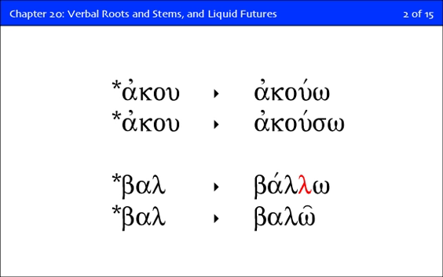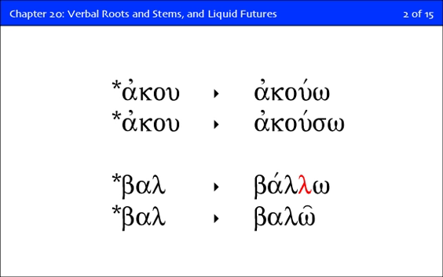But look at ballo. The root of ballo, its most basic form, is bal with a single lambda. For some reason, when Greeks formed the present tense stem from the root, they doubled the lambda. And if you think that the present tense stem is the most basic, then when you get to these other forms, like in the future, you're going to have to memorize it as an irregularity.